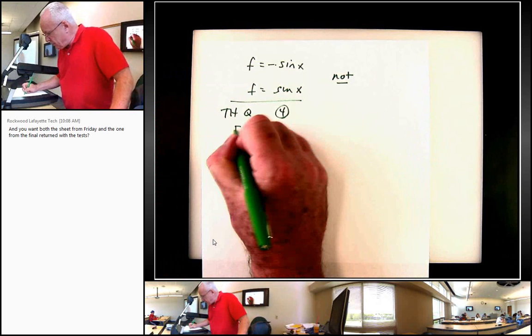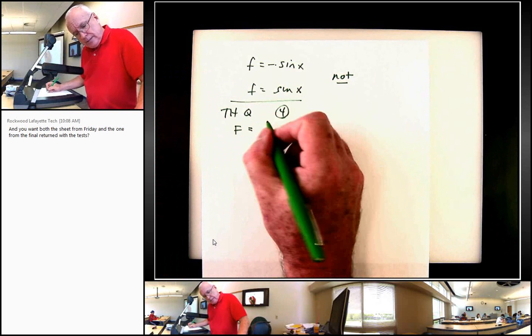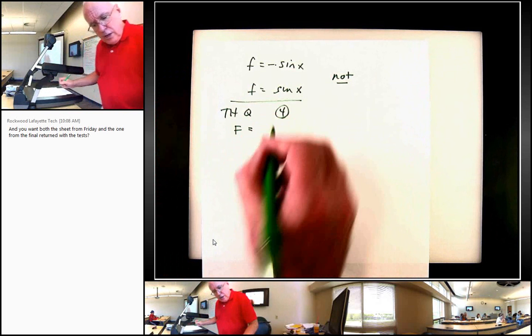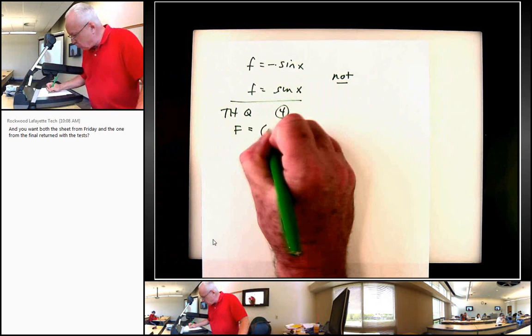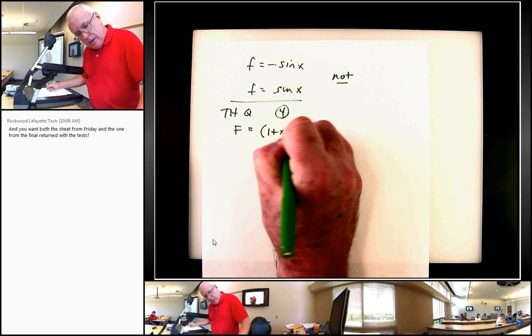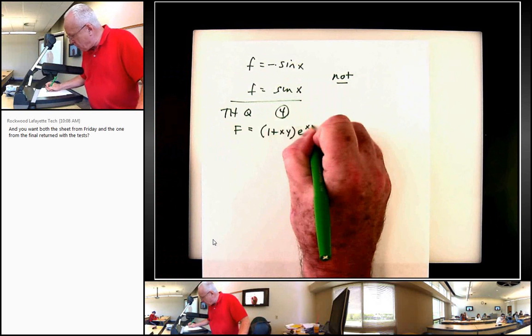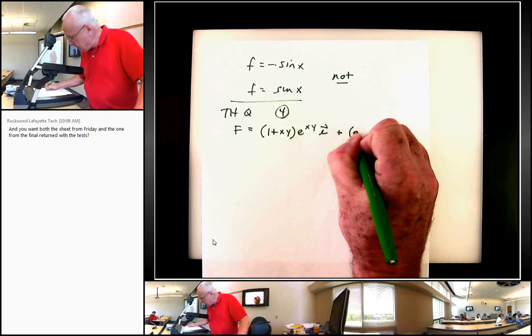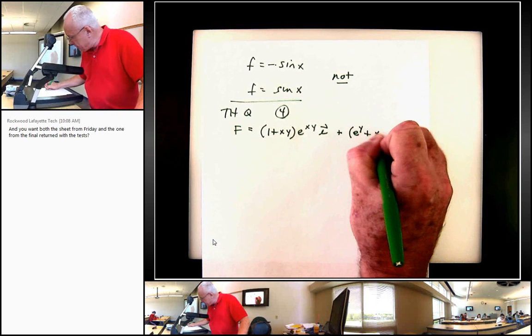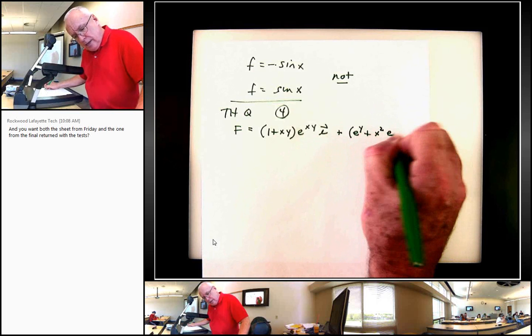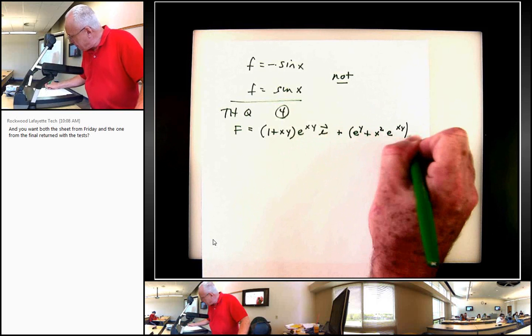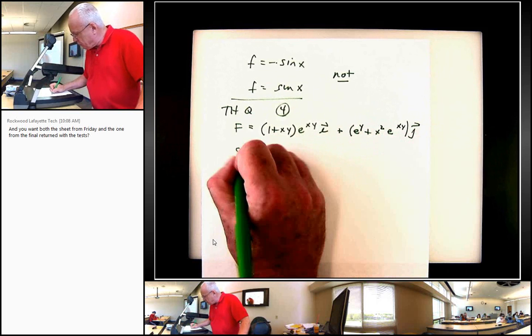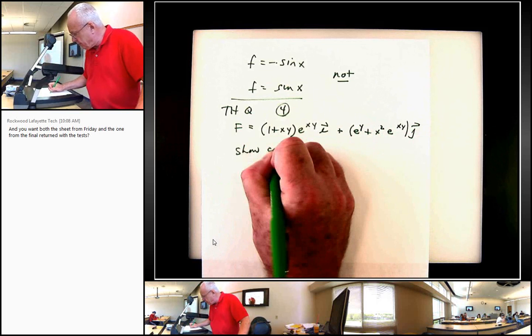The field that we're given here is 1 plus xy times e to the xy, that's times i, plus e to the y plus x squared e to the xy times j. And the first thing we're told is to show it's conservative.